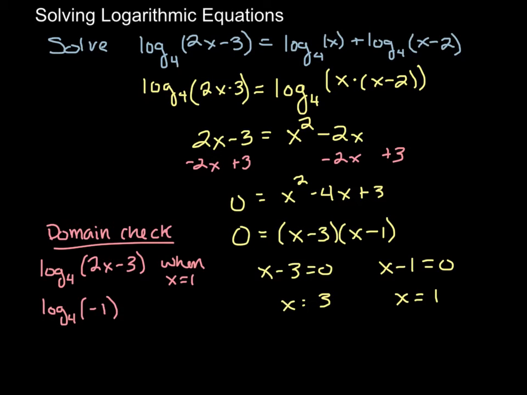So we're going to disregard this x equals 1, because that gives us answers that are not possible. Alright, so our answer for this logarithm up here is just a simple x equals 3.